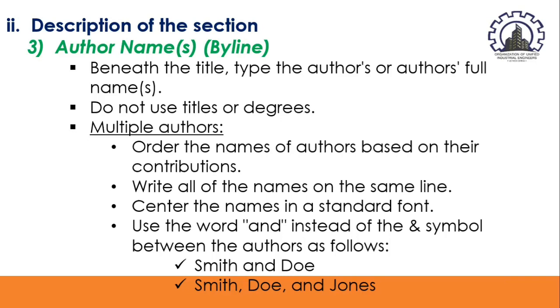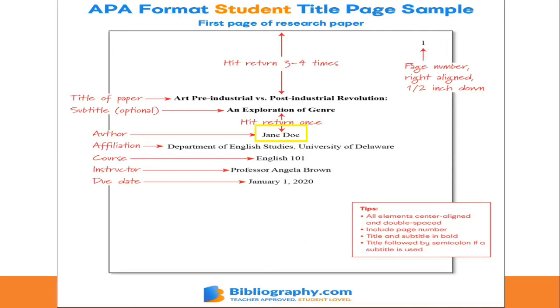If there are 3 authors, Smith, Doe, and Jones, okay? So you make use of the word and, not the symbol. So what about an example? This is an example of the name of the author. In this case, there's only one author by the name of Jane Doe.